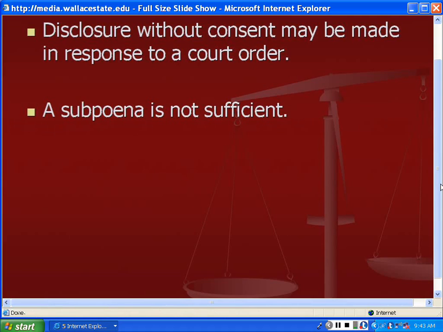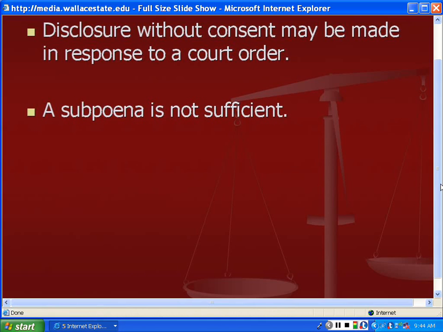So if I would receive a subpoena for a patient's record at the Alcohol and Drug Rehab Hospital, I could not honor it, but I couldn't call the attorney that had the subpoena issued and say, I can't answer the subpoena because I have to have a court order because this is a drug and alcohol patient. I couldn't say that. What I would have to say is, if we have records on this person, we will release them with a court order.